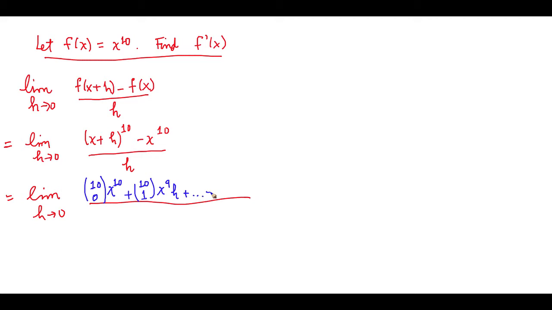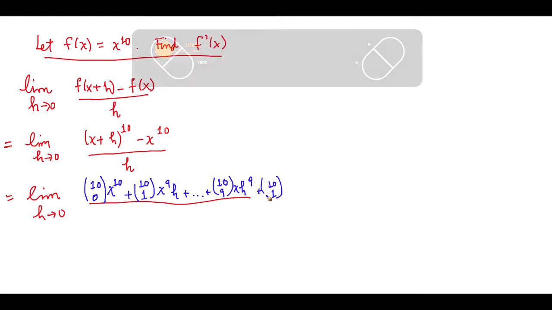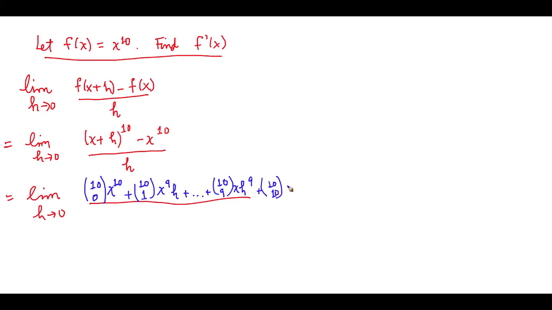We continue that pattern until the last couple of terms: 10 choose 9 x to the first h to the 9th, plus 10 choose 10 x to the 0 h to the 10th. And then we still have that last term, minus x to the 10th, and all of this over h.